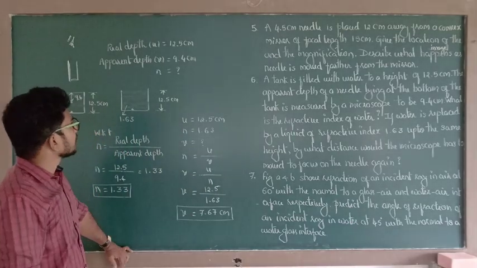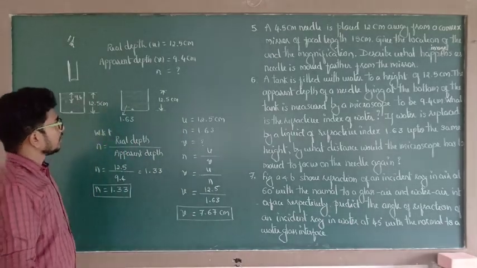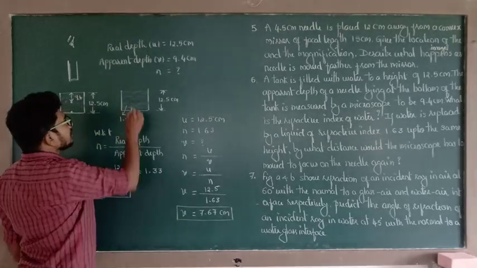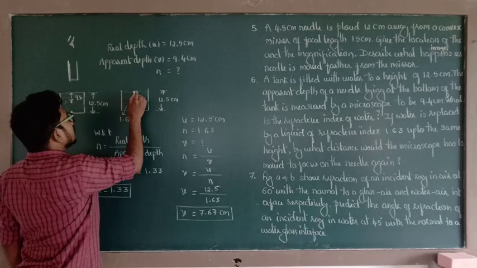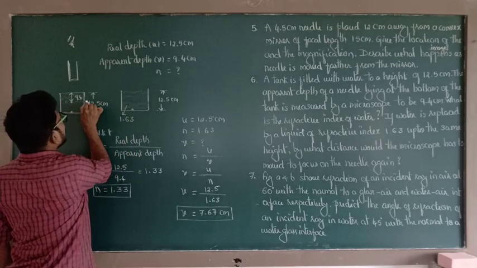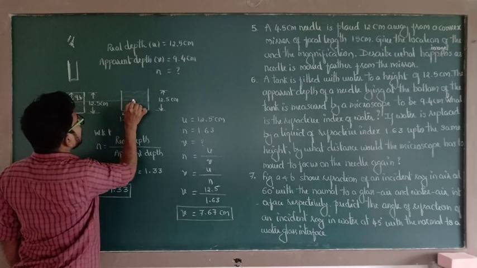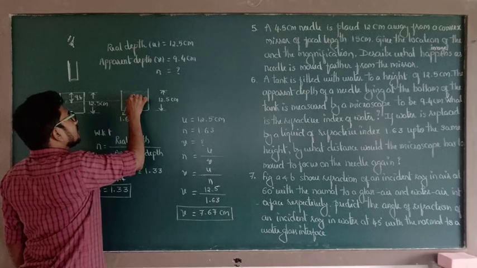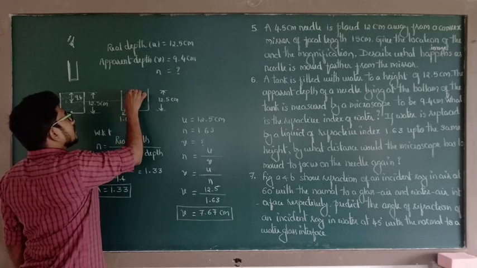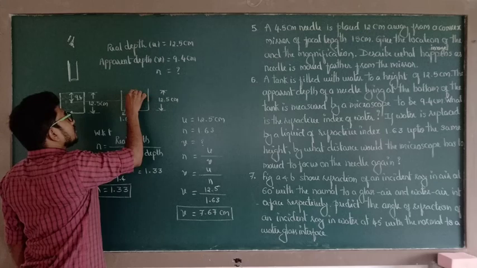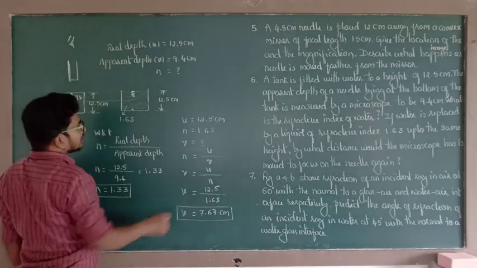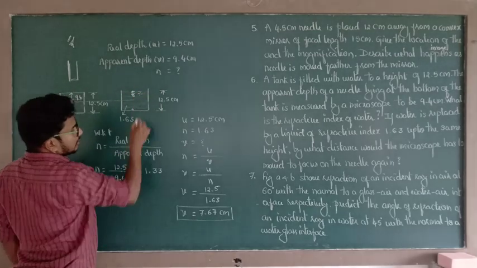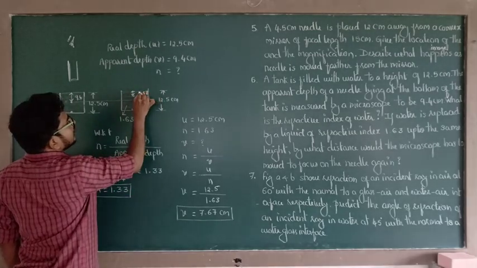So now water is replaced by another liquid of refractive index 1.63. 7.67 means this is the new position of the image. Now you just imagine, the image is at this point, this distance is equal to 7.67 centimeter.